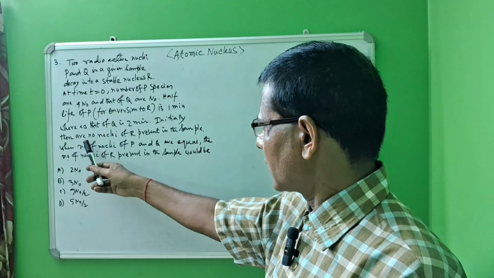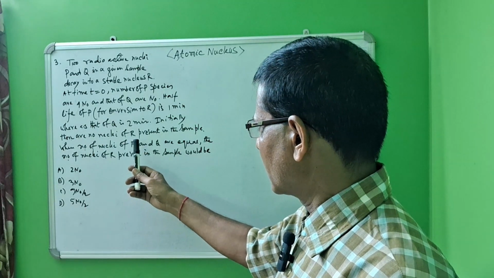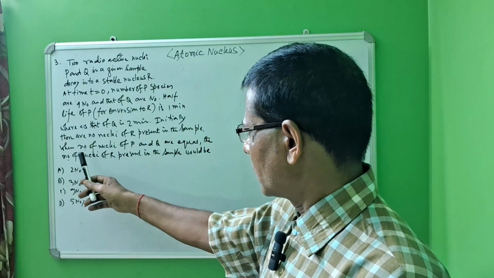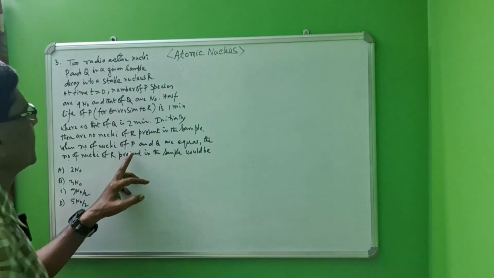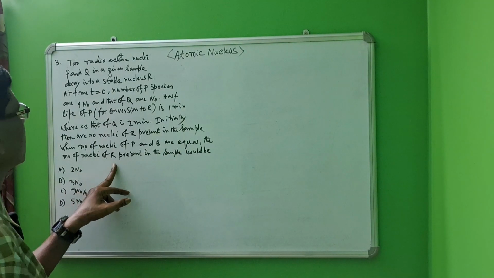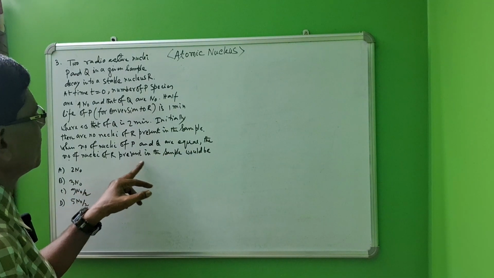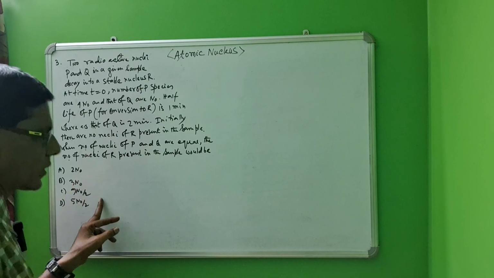Initially there are no nuclei of R present in the sample. When the number of nuclei of P and Q are equal, the number of nuclei of R present in the sample would be this. Four answers are given.